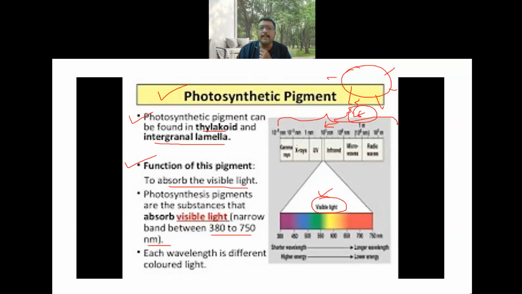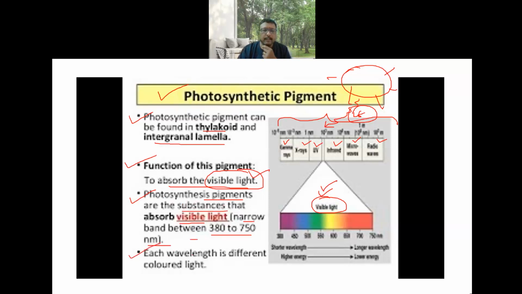There are other rays like gamma rays, X-rays, UV rays, infrared rays, microwaves and radio waves, which are not visible, but they are also radiated by the sun. We are able to see only visible light. Photosynthesis utilizes the visible light. Photosynthetic pigments are the substances that absorb visible light within this wavelength range.